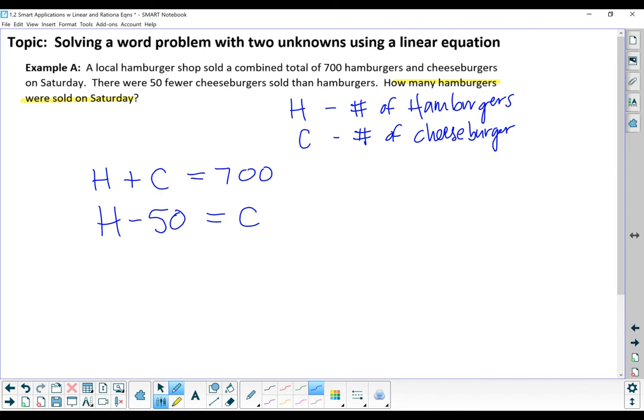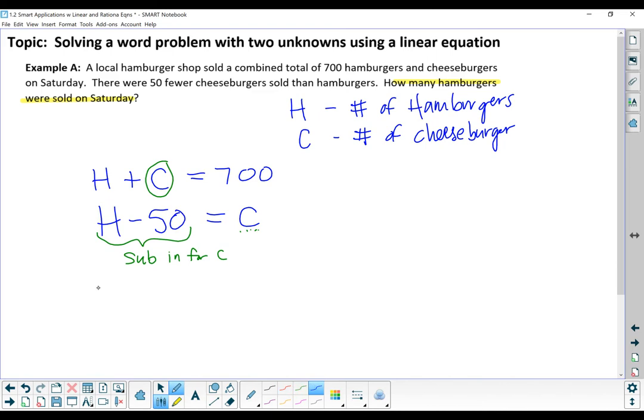And then to solve for H or C, I would probably just use some substitution here. We know what C is equal to. C is equal to H minus 50. So we're going to sub that in to the other equation for C. So I'm going to put this where the C is.